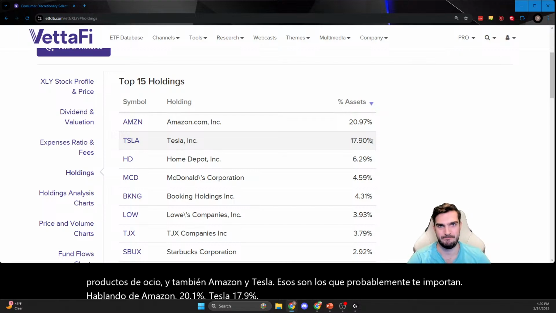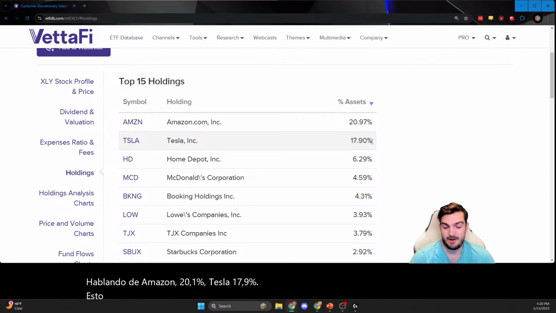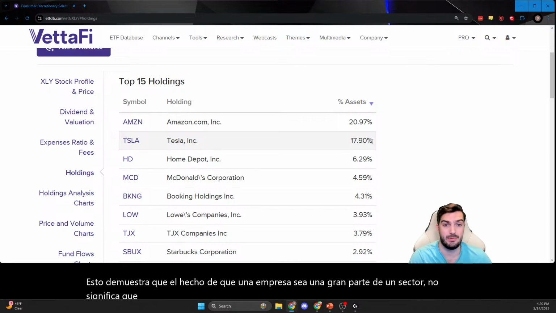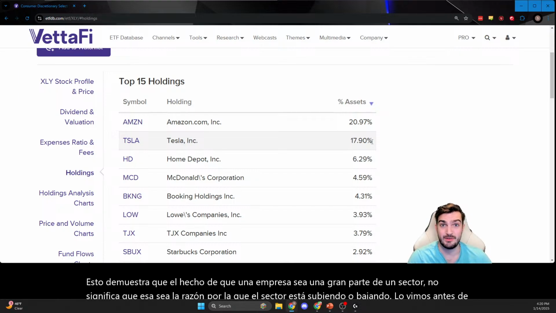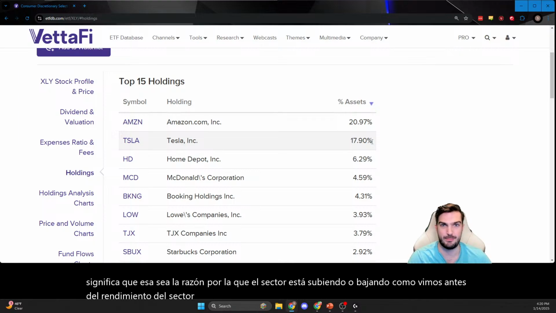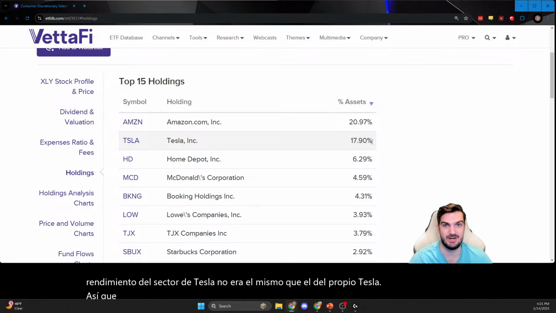This goes to show that just because a company is a large part of a sector, it doesn't mean that is the reason the sector is going up or down. We saw before, the performance of Tesla's sector was not the same as the performance of Tesla itself. So there's no magic going on here that I'm trying to show you.